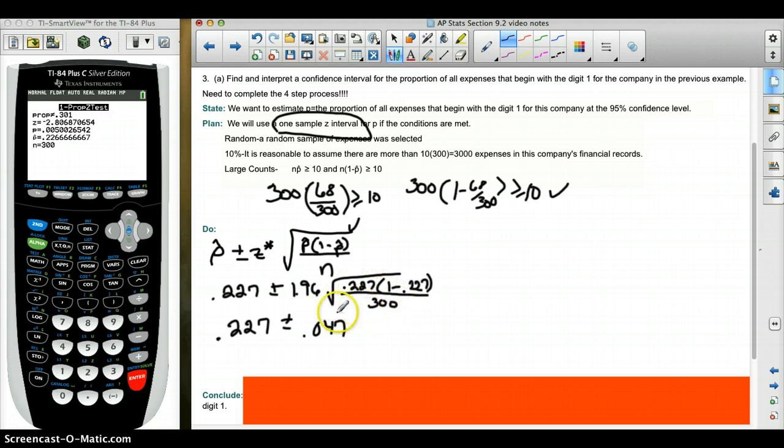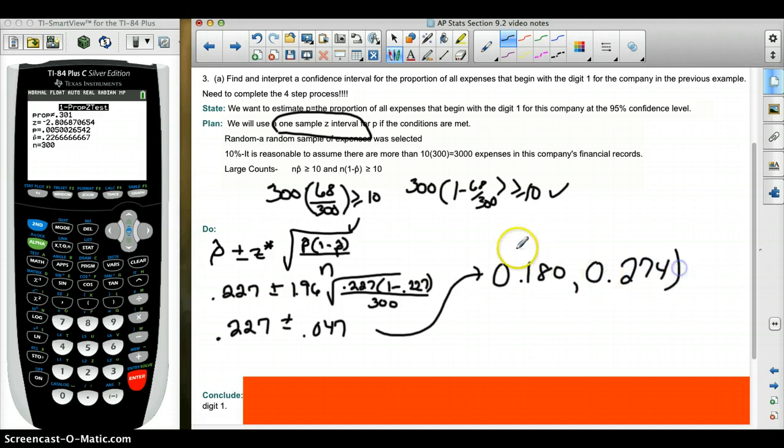You can check the calculations so that you end up with an interval of 0.180 to 0.274. That would be the range of possibilities for the proportion of expenses that begin with the digit 1 for the company at 95% confidence.